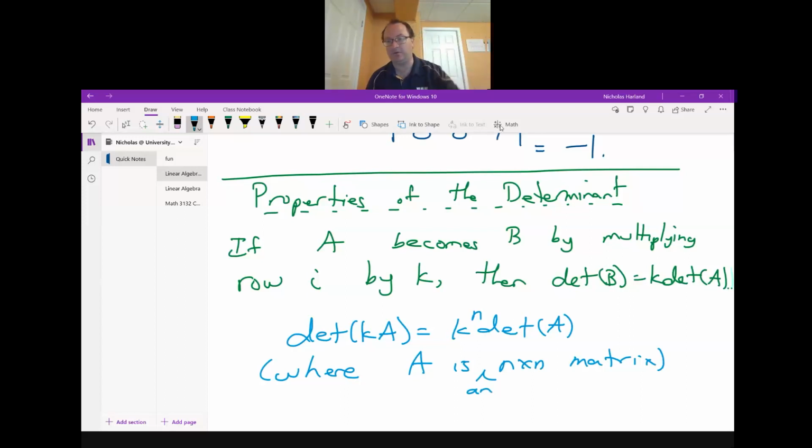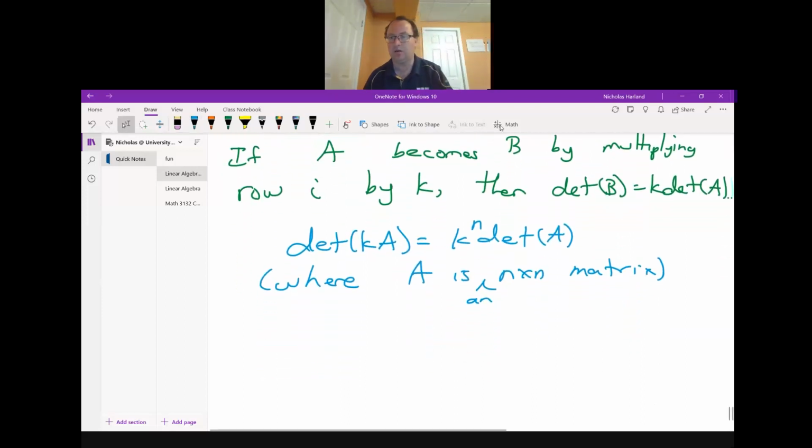So if we double the matrix, if we go 2 times A, that doesn't mean we're doubling the determinant. We could be multiplying the determinant by 8 if it's a 3 by 3 matrix, or 32 if it's a 5 by 5 matrix. We multiply by 2 for every single row, equivalently every single column. So this is one property we have here that can actually deal with multiplying things in general.